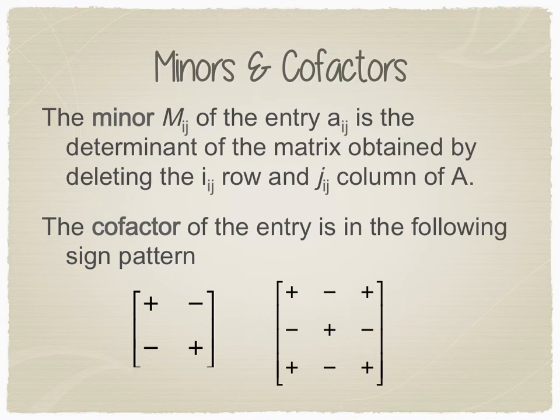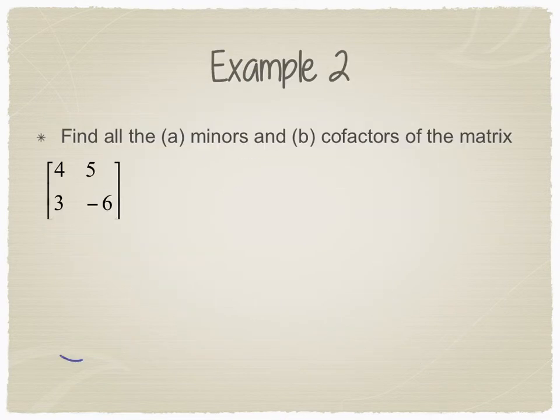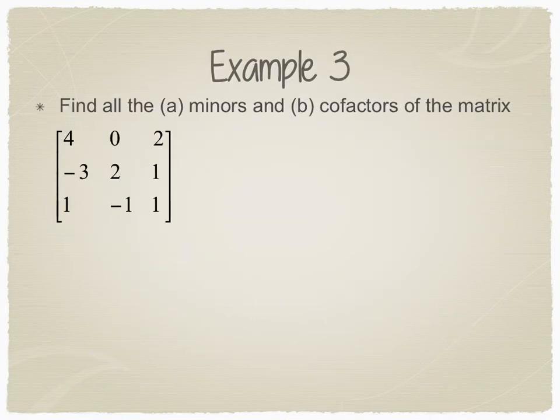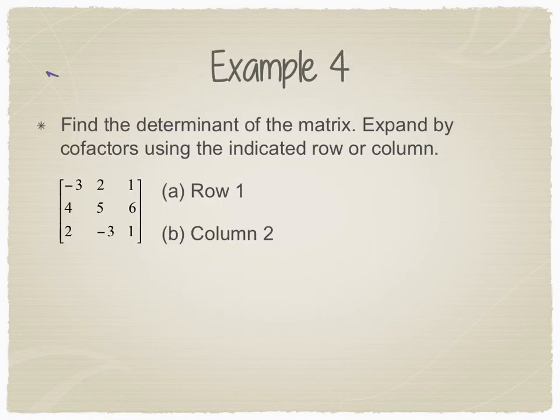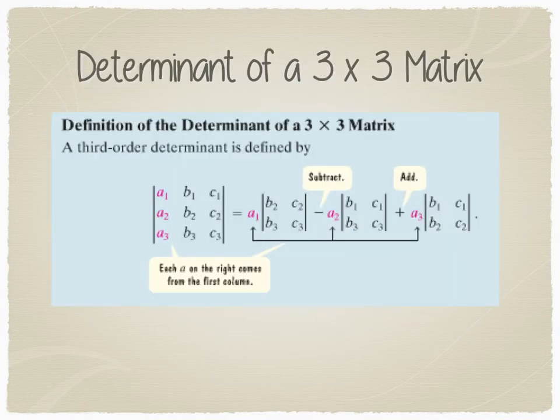All right, so minors and cofactors we're actually going to skip. Just pretend it's not happening. You can use minors and cofactors to find the determinant of a 3x3, but I'm going to teach you a different method that I think is easier, okay?